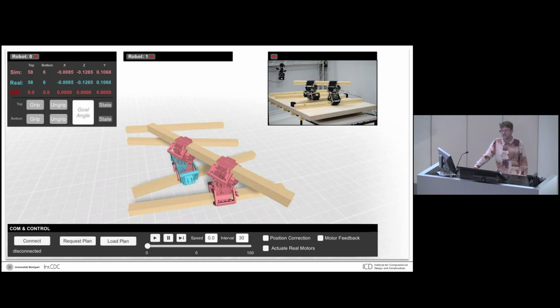So the blue represents the position of the real robot, and the pink is the planned position. And at such moments, like you see on the screen here, where the robot is about to grasp a timber strut, that's when the external tracking kicks in, and enables the robots to get to the right position in order to make sure that they form stable grips.